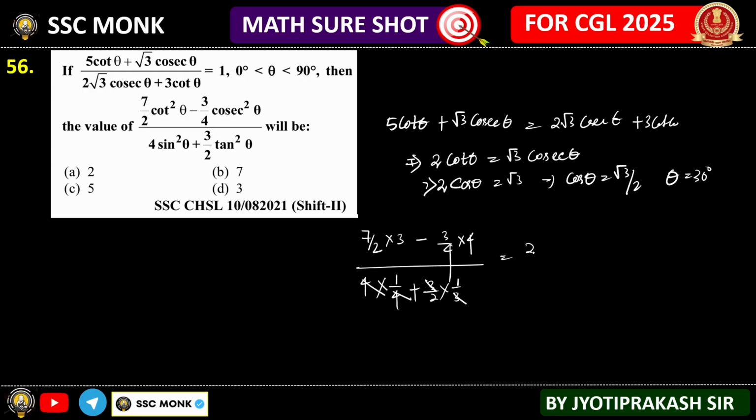Here this can be written as 21 by 2 minus 3, because 4 gone, divided by 1 plus 1 by 2. So this can be written as 21 minus 6, 2 gone, 2 plus 1 is 3, that is equal to 15 by 3, that is equal to 5. Answer.